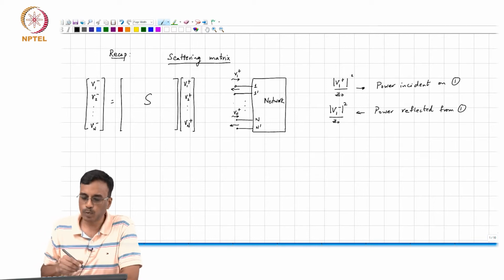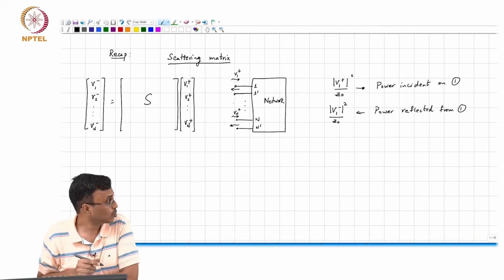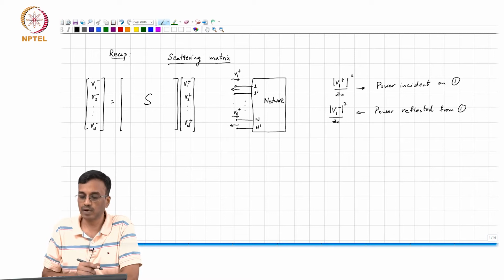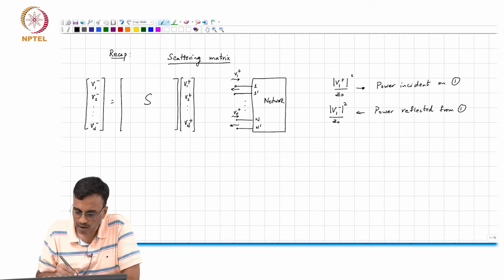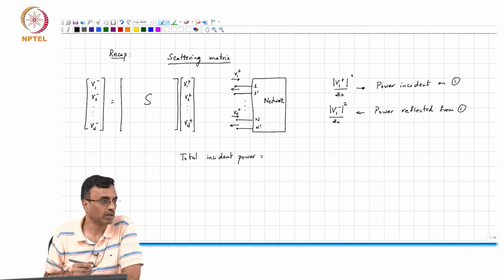So let's consider this N port again. I'd like to draw your attention to a property of the scattering matrix for a general N port. What comment can we make about the sum total of the incident power on this network?